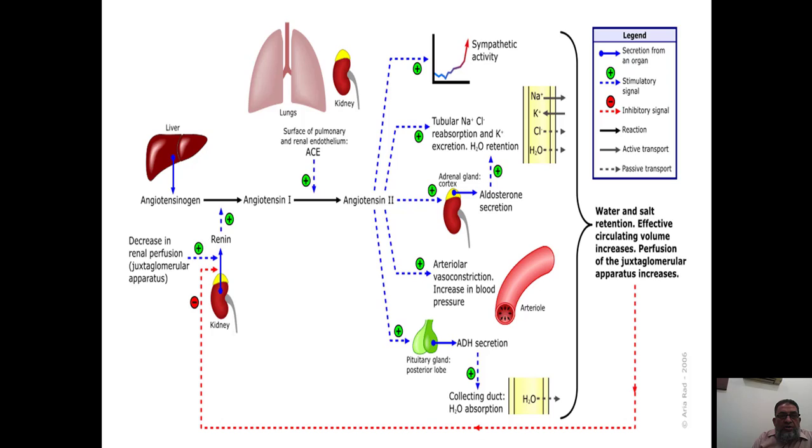Angiotensin 1 is converted by the ACE and becomes angiotensin 2, the active hormone. It influences the sympathetic activity, the adrenal gland, aldosterone secretion, vasoconstriction and ADH from the pituitary, ultimately increasing the volume and conserving sodium ions to increase the blood pressure for the fight and flight response of the body.